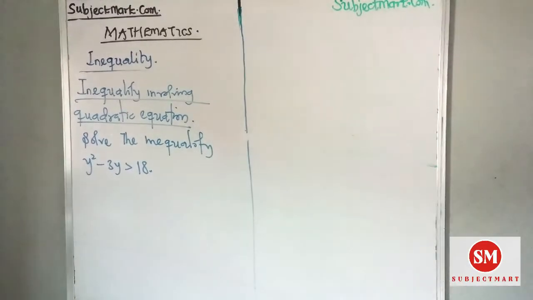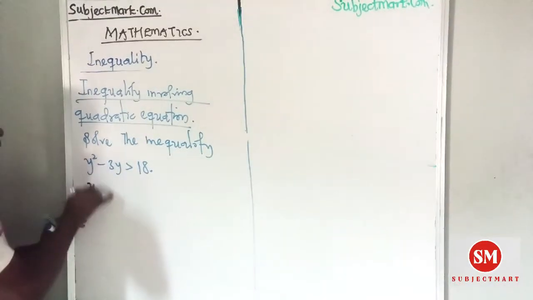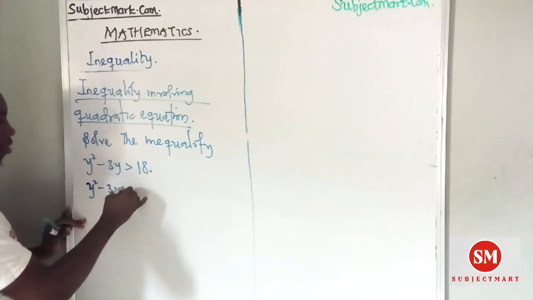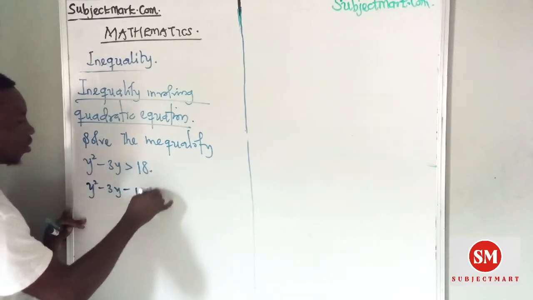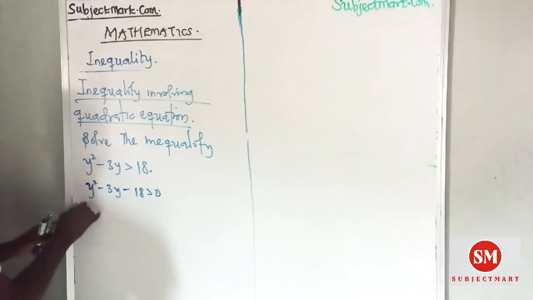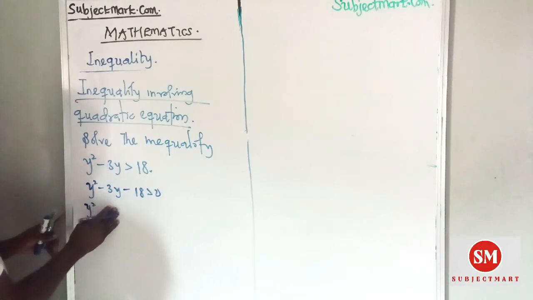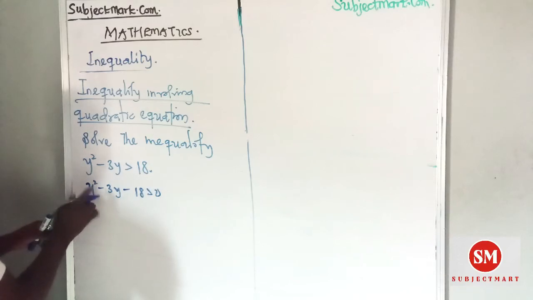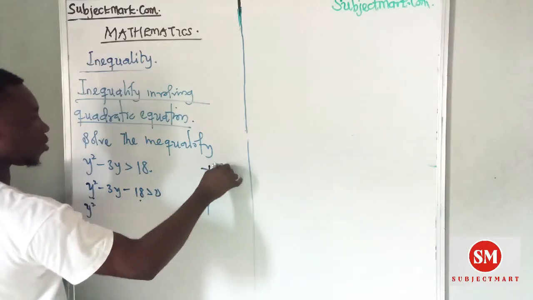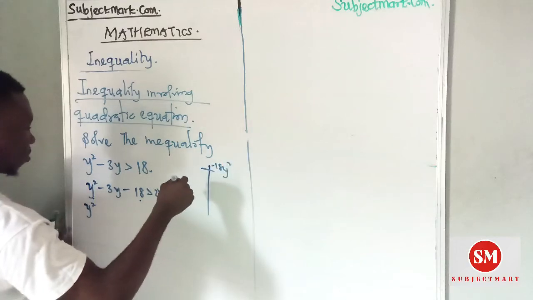Okay, having this here, so your y raised to power 2 minus 3y, if this guy comes over, that's minus 18, is greater than 0. So this here becomes what? Y squared, using factorization, this multiplied by this will give us minus 18y squared.